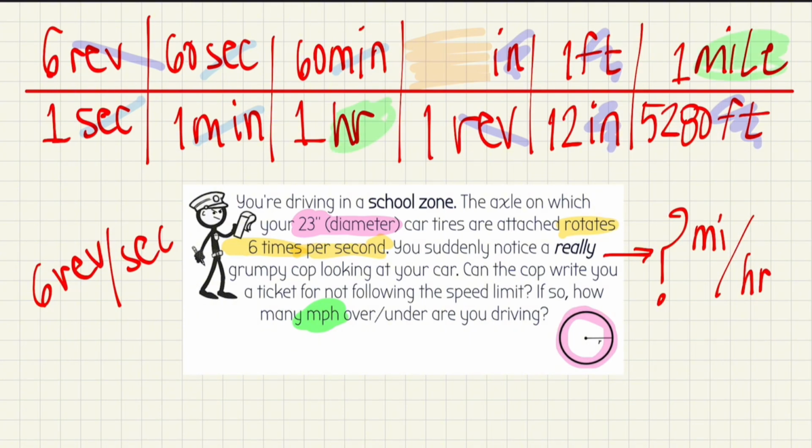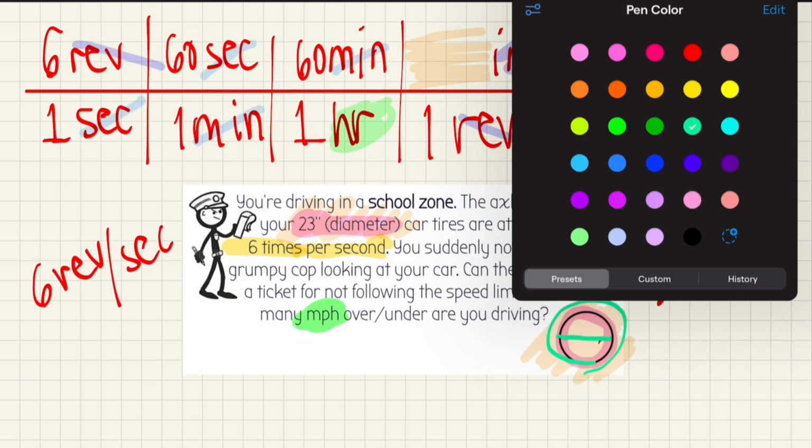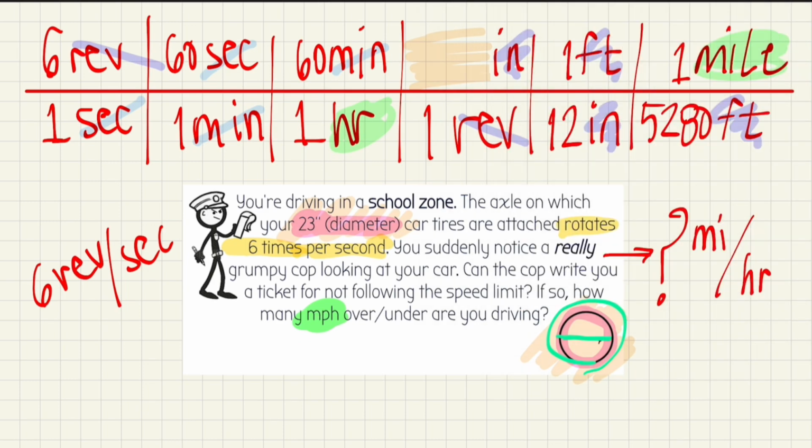Now the big question is, though, how many inches? We have a 23-inch diameter tire. That is not equal to 1 revolution. We're going to see that mistake from a lot of people. 23 is the diameter. I'm curious about the outside. So like I mentioned before, we're going to need circumference.